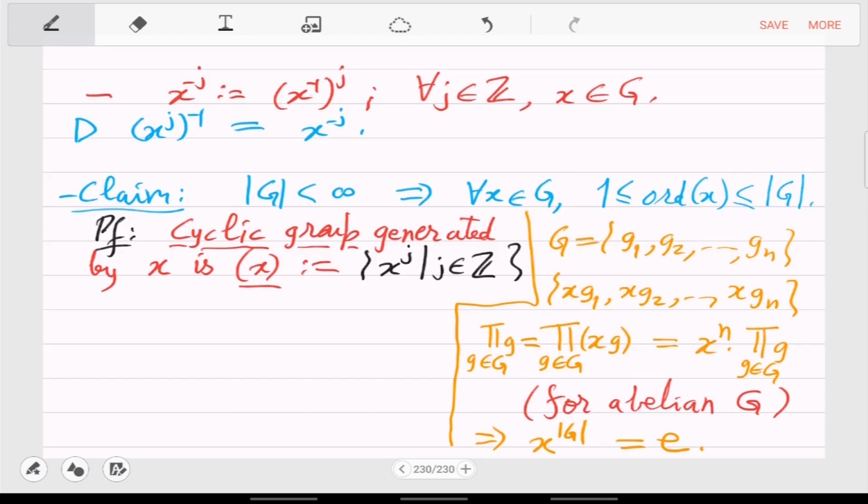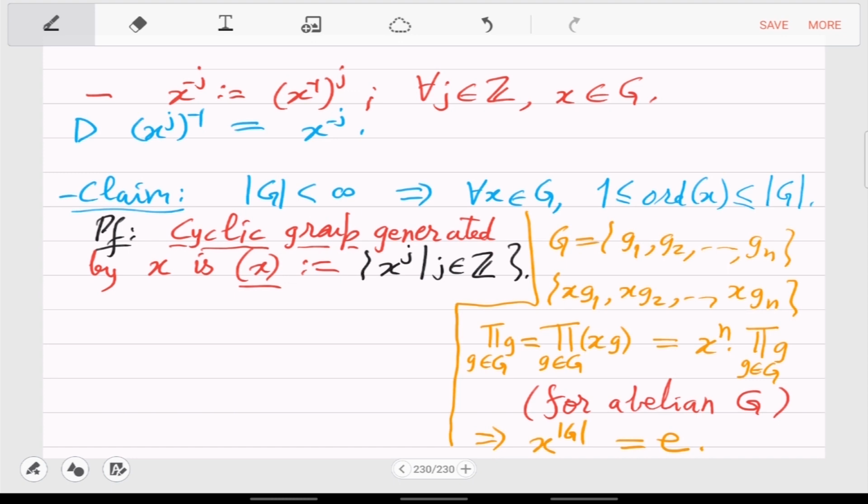But in this there is also e because we have x to the 0. So this is the cyclic group generated by x. But this happens to be by definition a group. How do I use this to prove the claim, to compute the order?